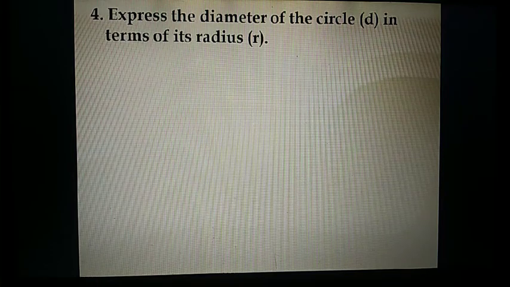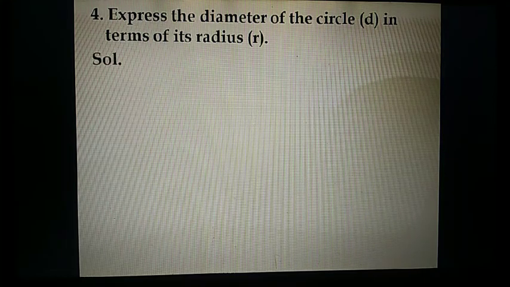Moving to question number 4. Express the diameter of the circle D in terms of its radius R. Now what is diameter? Diameter of a circle is a line which joins 2 points on the circle and also passes through the center of the circle.